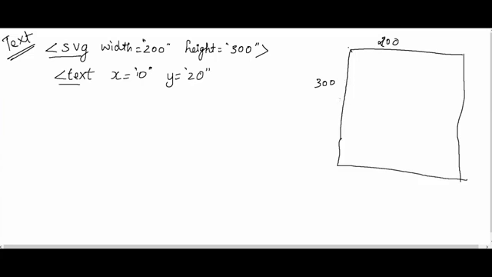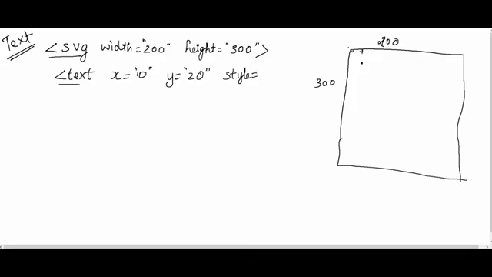So here X is equal to 10 and Y is equal to 20, right? From the X axis I am taking 10 pixels, and from the Y axis I am taking 20 pixels. So my starting position will be this, X and Y.